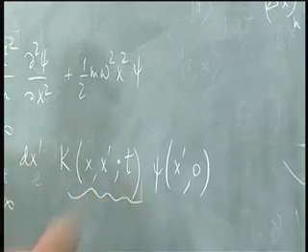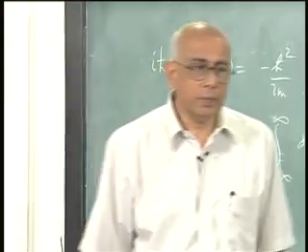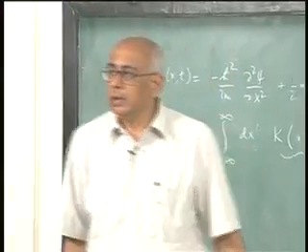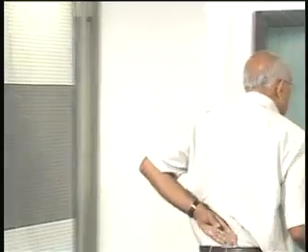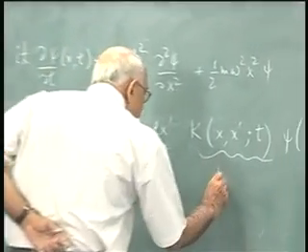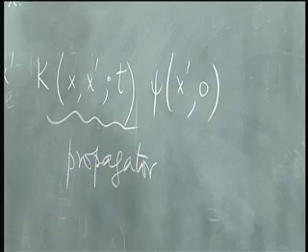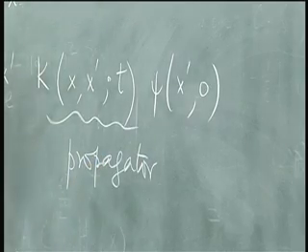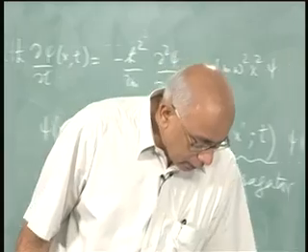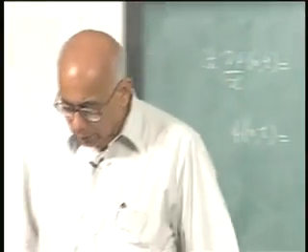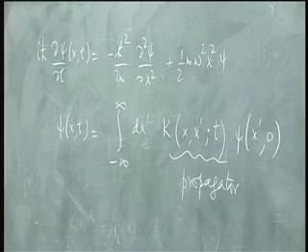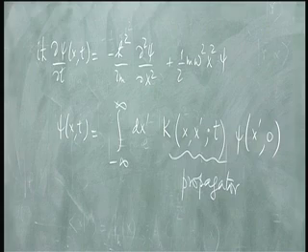This quantity is called the propagator because it helps you go from the wave function at time 0 to the wave function at any later instant of time. And it is called the Feynman propagator. I have given an expression for the propagator here, a fairly complicated expression, and the idea is to verify that this is true or not.